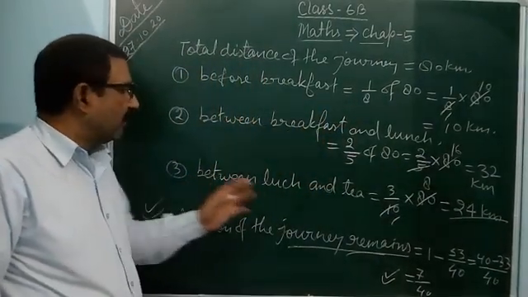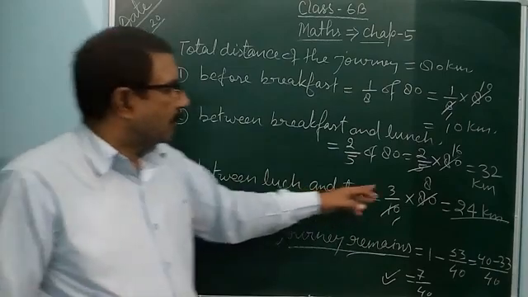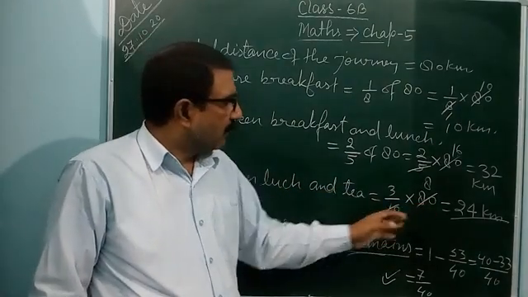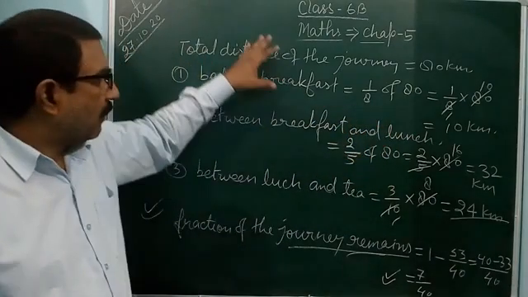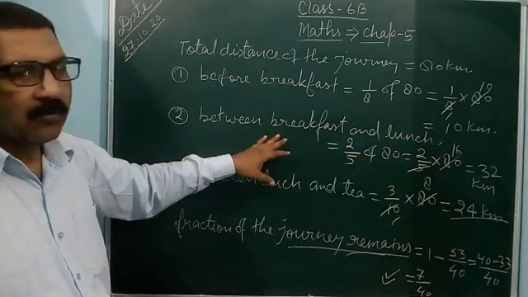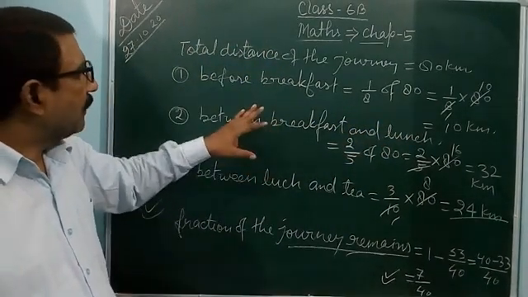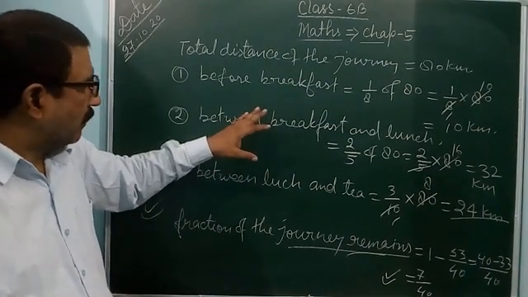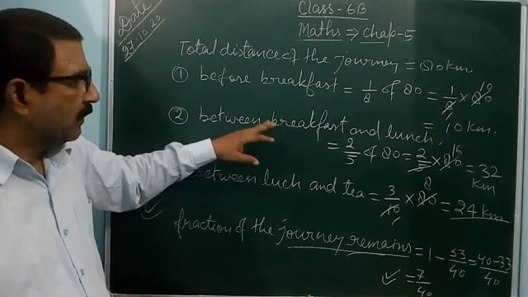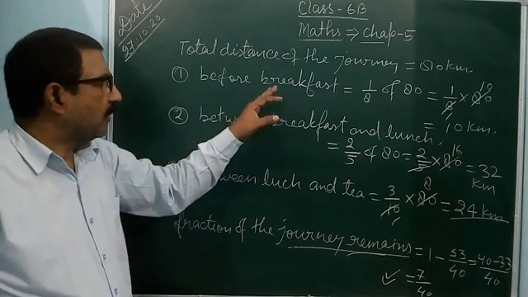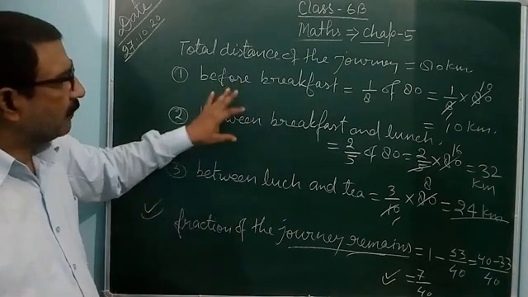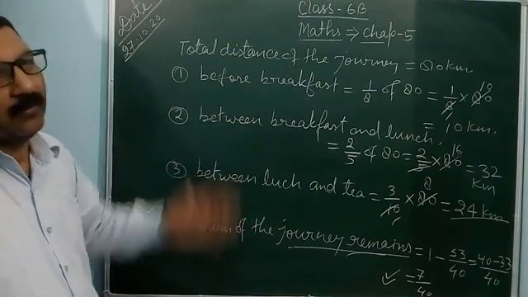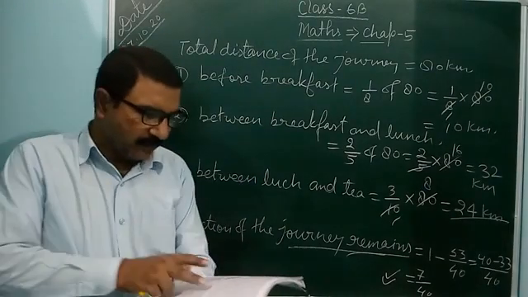At last, between lunch and tea, it is 3 by 10 of 80, which is 24 kilometers. So for the intervals given in the question, you can find out how many kilometers he covered. In this way, this exercise has been finished.